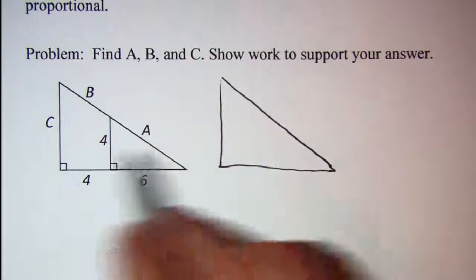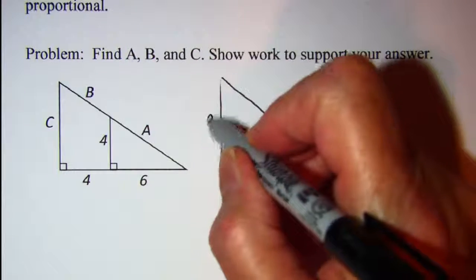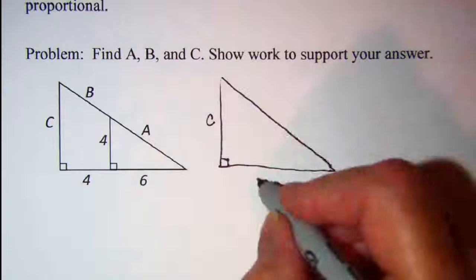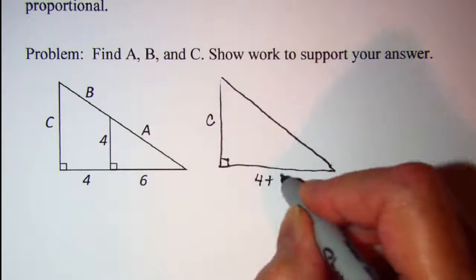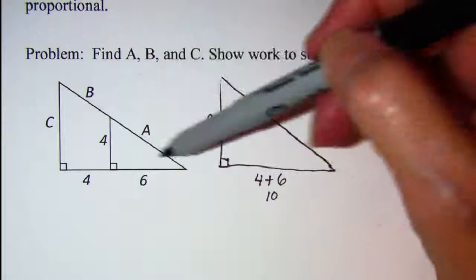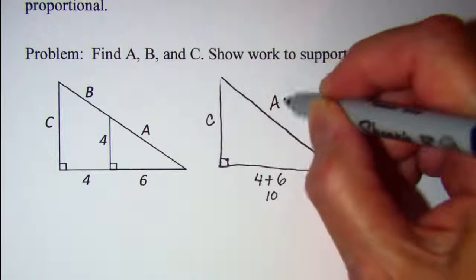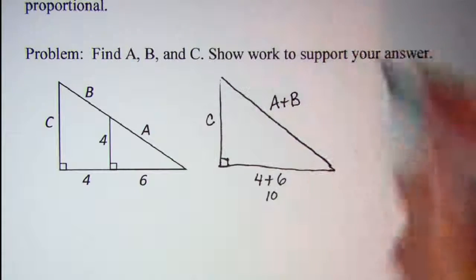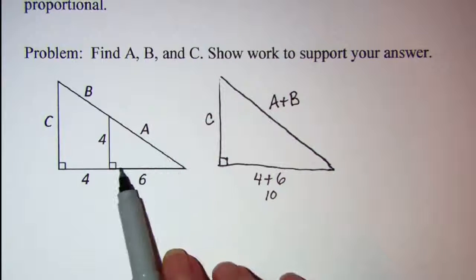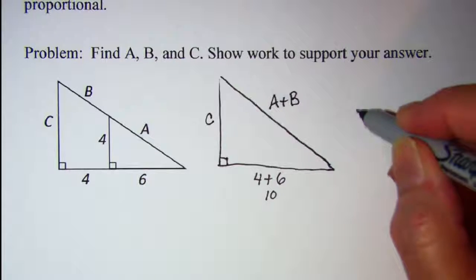Our right angle is right here, and C is the side, and the bottom length is 4 plus 6, which is 10, and then the hypotenuse is A plus B. Then this smaller triangle that's inside the big one, let's draw that next.